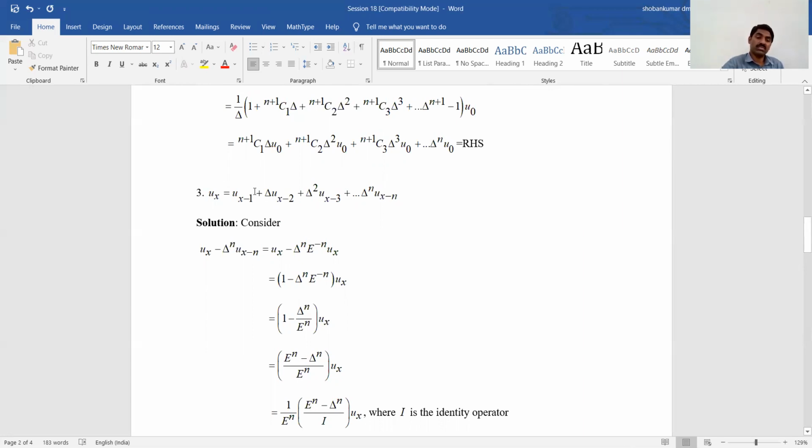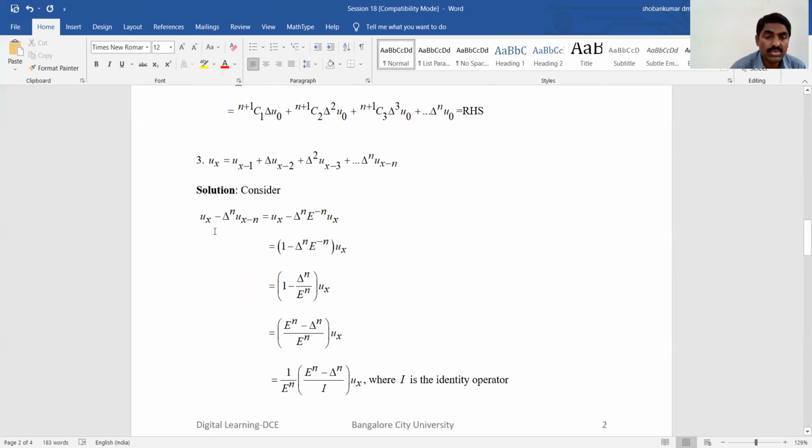Here ux minus 1, take it on one side, delta n ux minus n is equal to ux on both sides. Here it can be written as ux minus delta n ux minus n is equal to ux. Here instead of delta n, keep as it is.